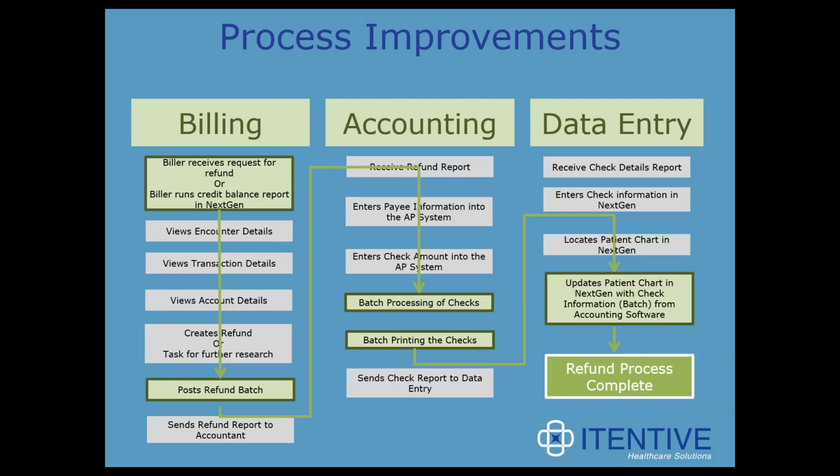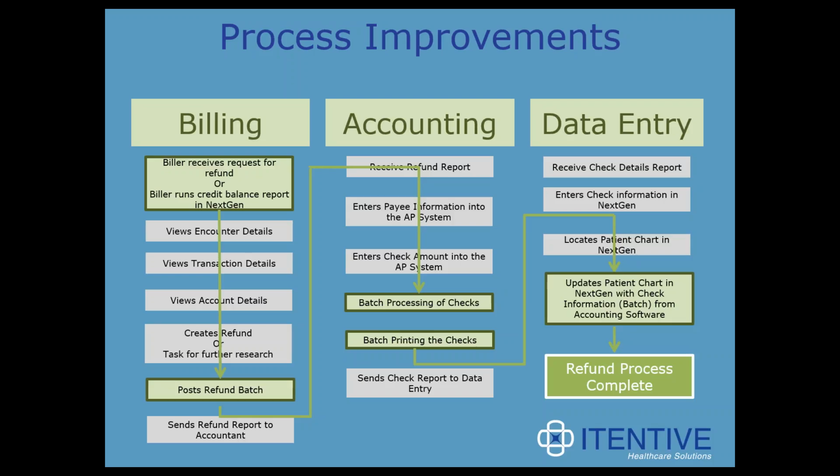In getting the credits that are identified as refunds over to the accounting group through the automation piece that I talked about earlier with regards to the interfacing to the accounting system, whether it's a direct interface or a CSV file, we eliminate much of the data entry that goes on with bringing that information into your accounting system.